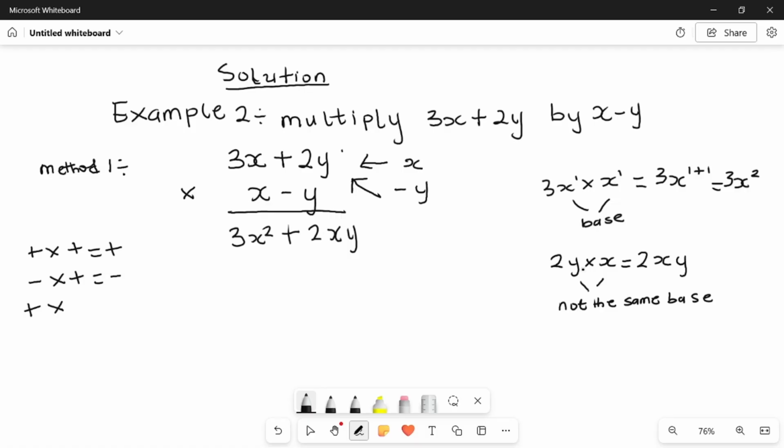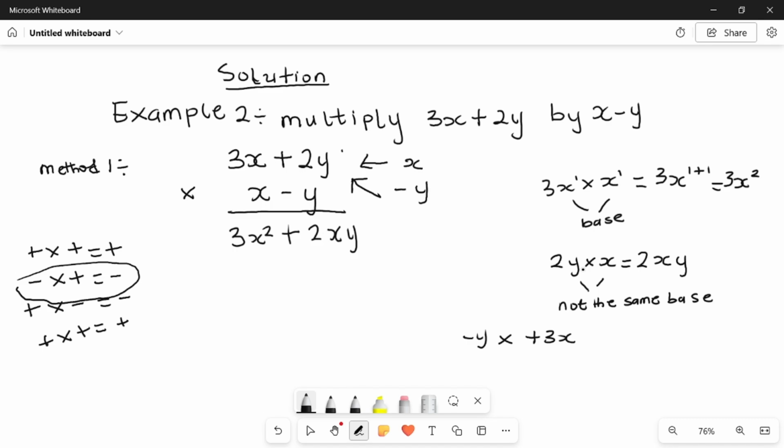Plus times minus will give us minus. And plus times plus will give us plus. So if we do minus y times 3x, the 3x is a positive number, right? So we can write it as plus 3x. So now minus times plus will give us minus.